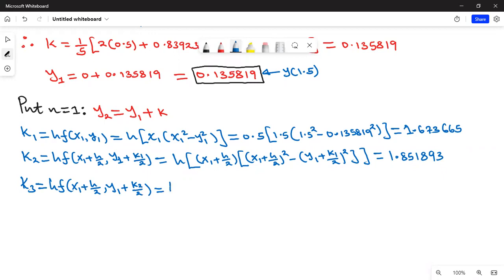And so this is h into x1 plus h over 2 times x1 plus h over 2 squared minus y1 plus k2 over 2 squared.